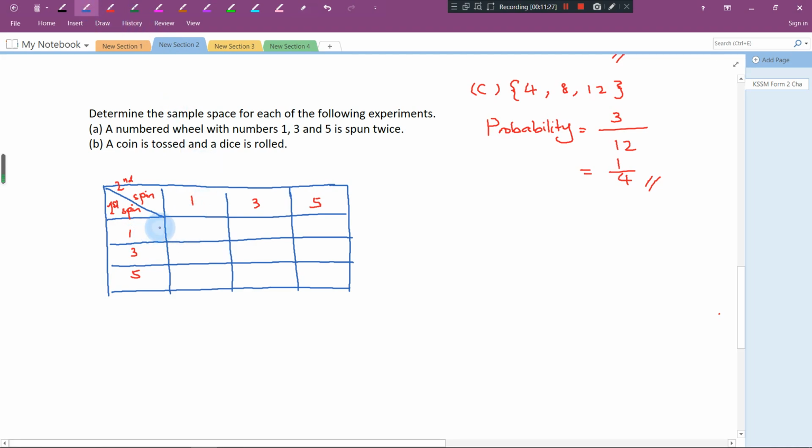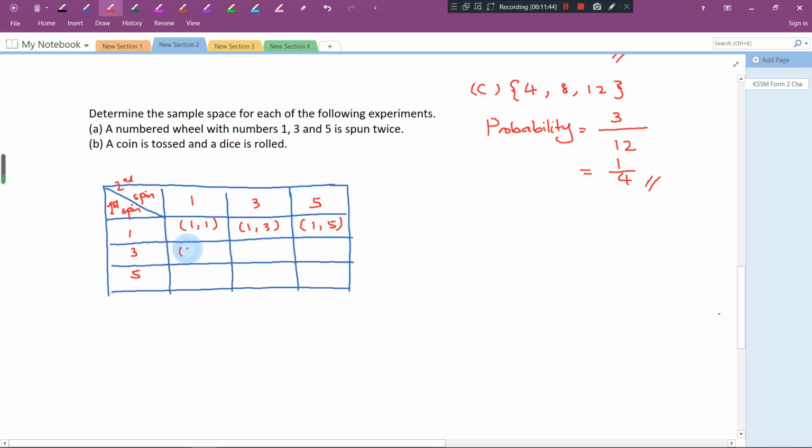Okay, so the first time if you get 1, second time you get 1, the combination will be 1, 1. If the first time you get 1, the second time you get 3, then it will be 1, 3. Here will be 1, 5.